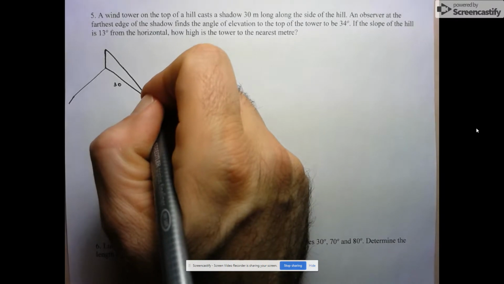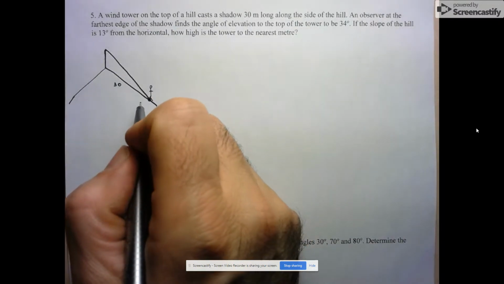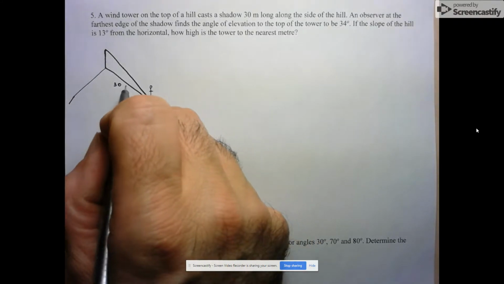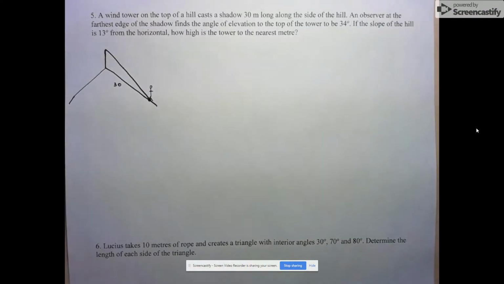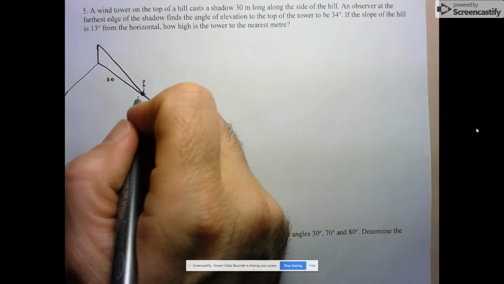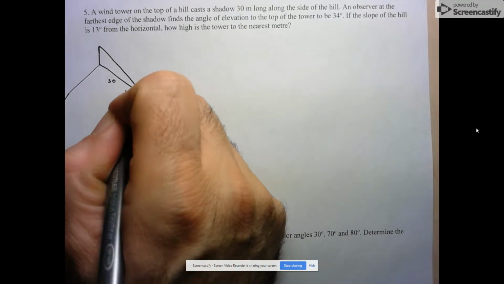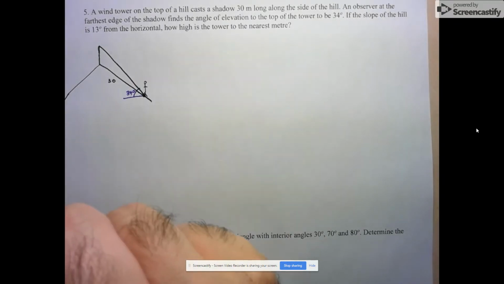So when we're talking about the angle of elevation, we're still talking from the horizontal of the ground. Okay, so here, and let me use a different color, that means that my angle of elevation, and we'll assume we're just measuring it from the ground, this here is 34 degrees.